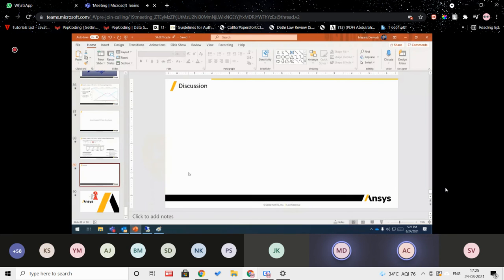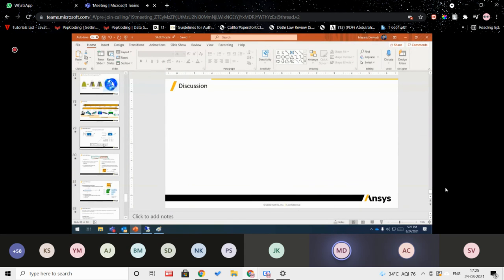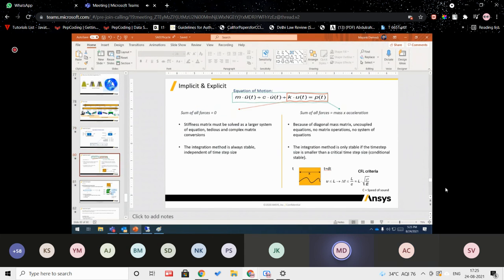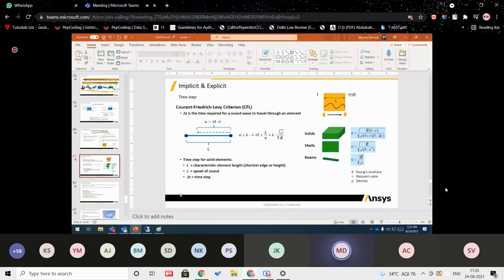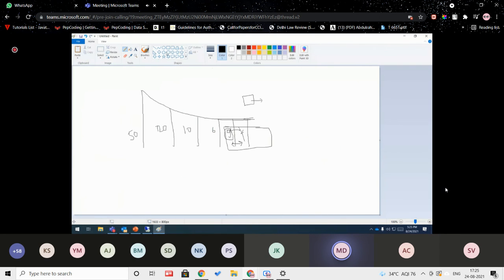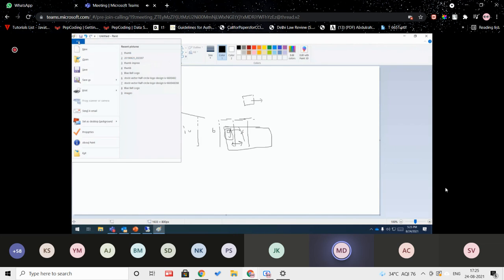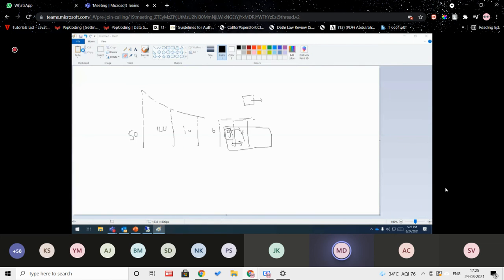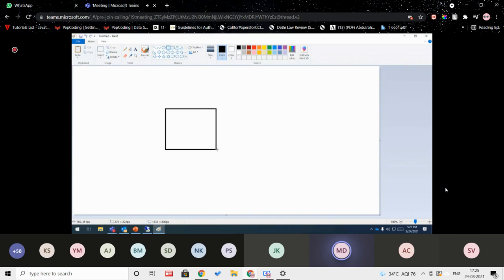Okay, so let us go back and see the time step concept. What I wanted to explain is here. Let us suppose you have one element here.